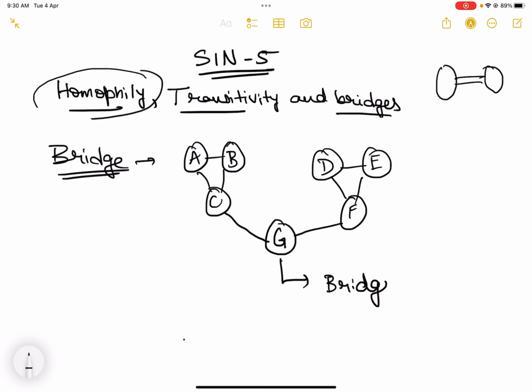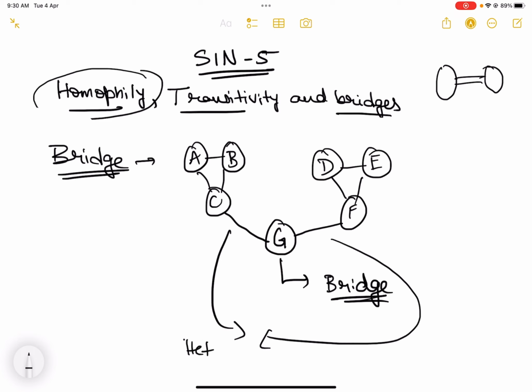Basically a bridge, as we've discussed, is a node that connects two groups or two clusters or two cliques in a huge graph network. These edges, CG and GF that we have, are usually heterophilous edges, which means that the connections or the links here are weak links.